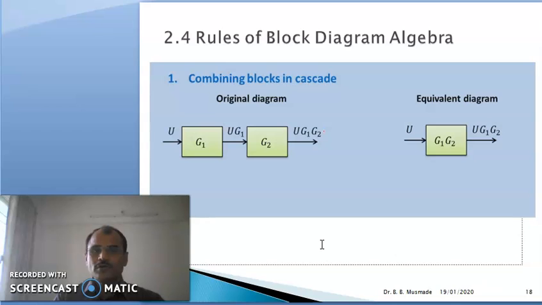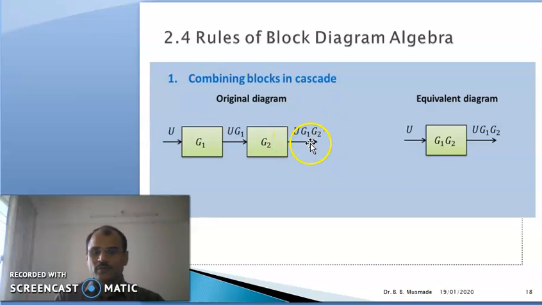The first rule of block diagram reduction algebra is combining blocks in series, or in cascade. See the original diagram. G1 is receiving u as an input, and the next block G2 is in cascade. So I think you can understand how the information comes out.